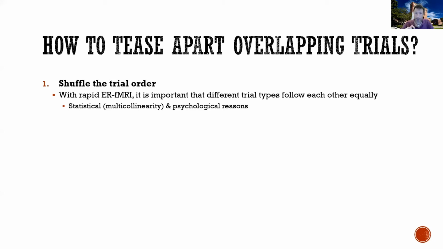And if they detect that there's some kind of systematicity to when condition A or condition B is appearing, they might be able to leverage that to create expectations, to create cognitive strategies, which is what we're trying to avoid. So it's very important to shuffle as much as possible the presentation of trial type A and trial type B if you're using an event-related design.